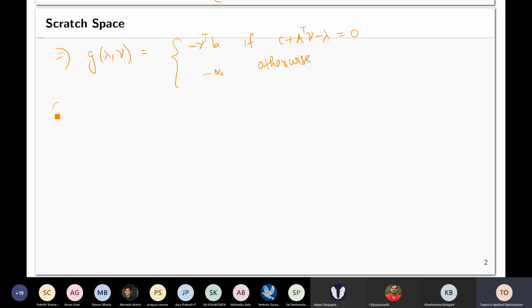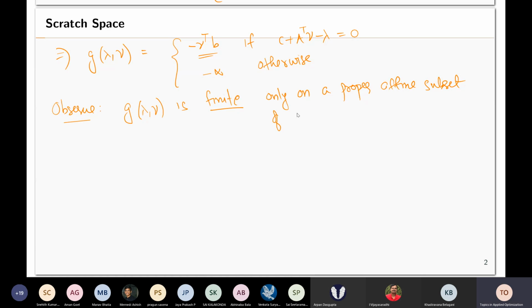So what we observe here is that G lambda nu is finite, assuming that B and nu are finite values, only on a proper affine subset of R^m times R^p. When I say proper affine subset, which subset am I talking about?